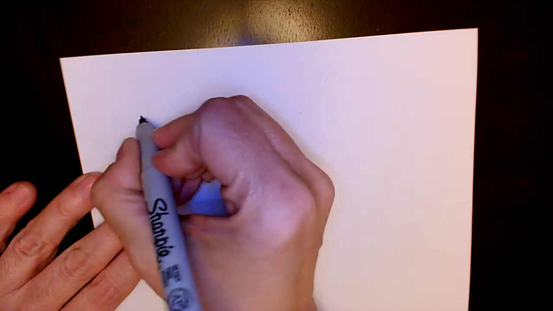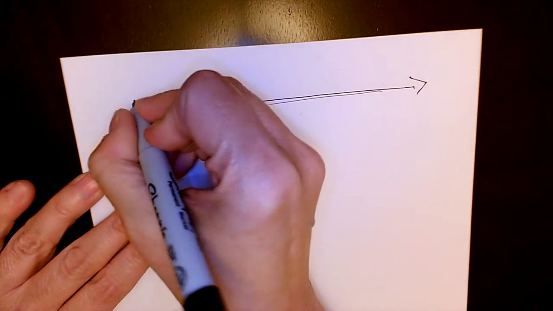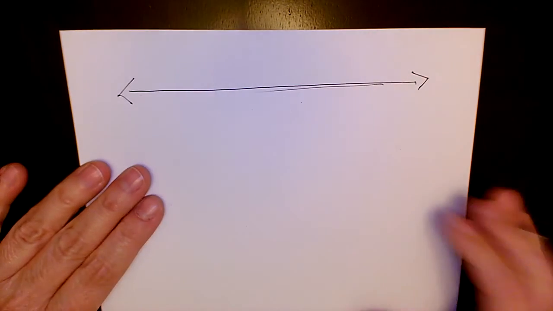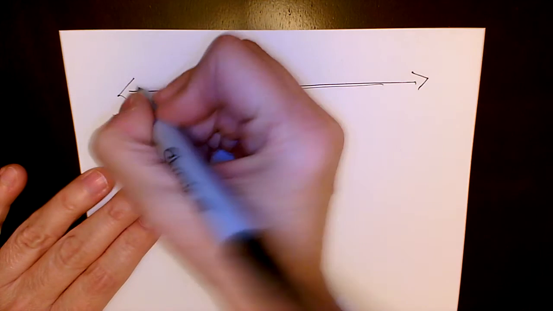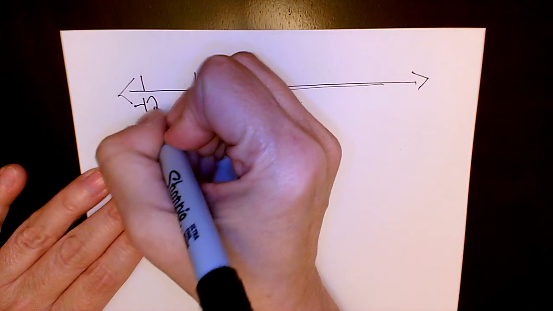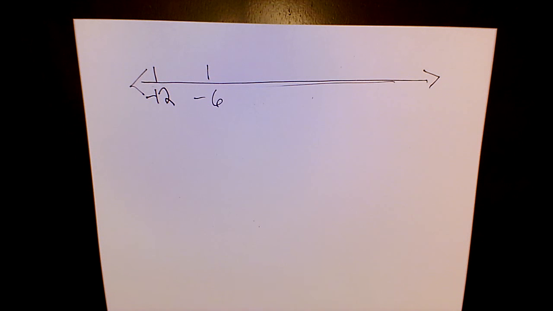So they give you on Hawks a number line. And I know I should spread that out a little bit better.